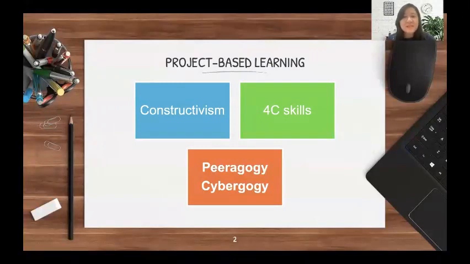Project-based learning is a learning model under constructivism where students achieve knowledge by themselves by interacting with their friends and from scaffolding by their teacher.